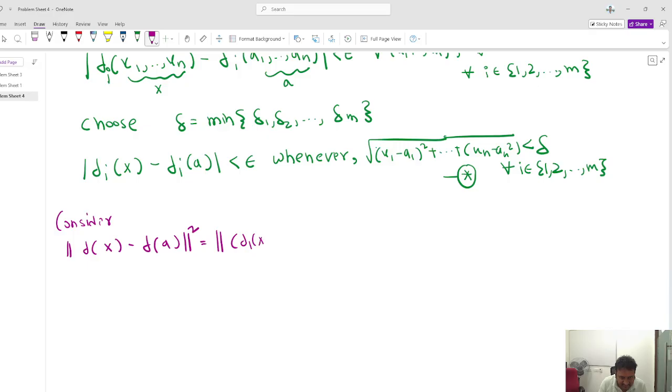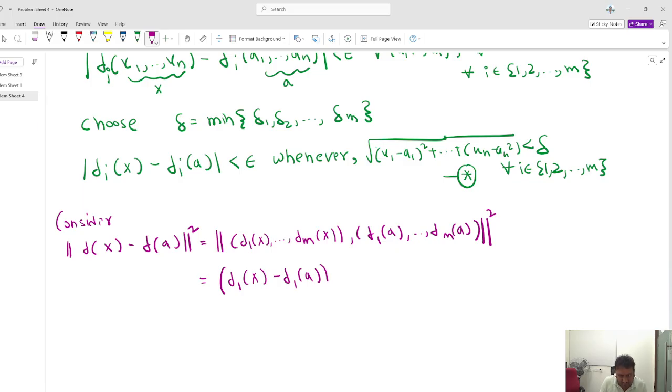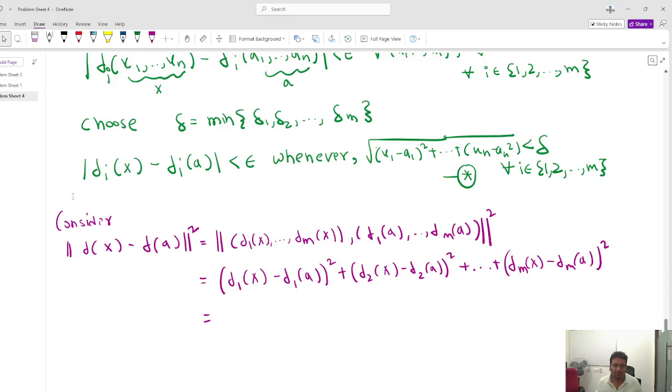So the distance of these 2 points, f1 x up to fm x and f1 a up to fm a, squared, will be f1 x minus f1 a whole square plus f2 x minus f2 a whole square plus dot dot dot plus fm x minus fm a, this whole square. Basically it's a whole square, so it's mod.